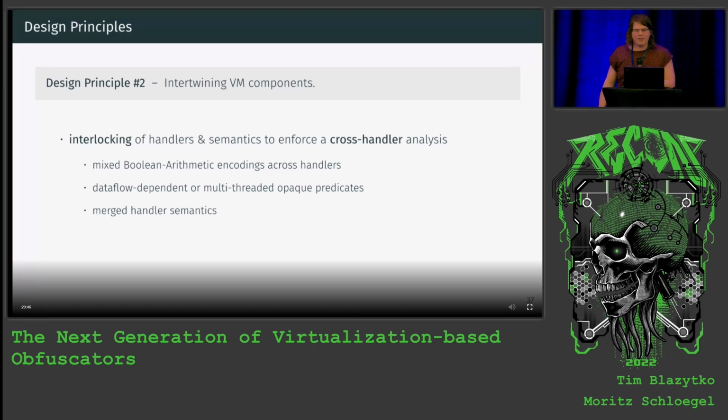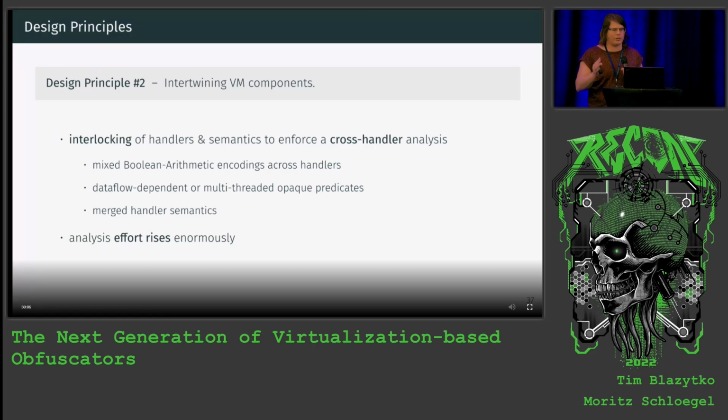Another thing is merged handler semantics. We could take different handler semantics and merge them into one large handler. So however you do this, you are basically forced to do some global analysis instead of some local analysis. So in other words, the analysis effort rises enormously, since you don't know where your analysis window is.